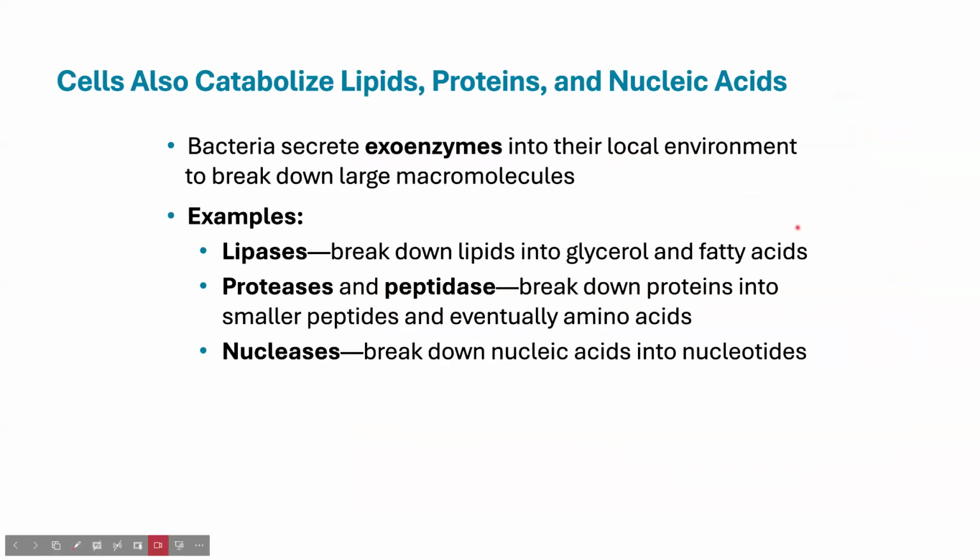They release those into the extracellular environment, and that's going to break down those macromolecules or polymers into smaller products. These are enzymes, so their names mean something. Lipases break down lipids, proteases and peptidases break down proteins, nucleases break down nucleic acids.